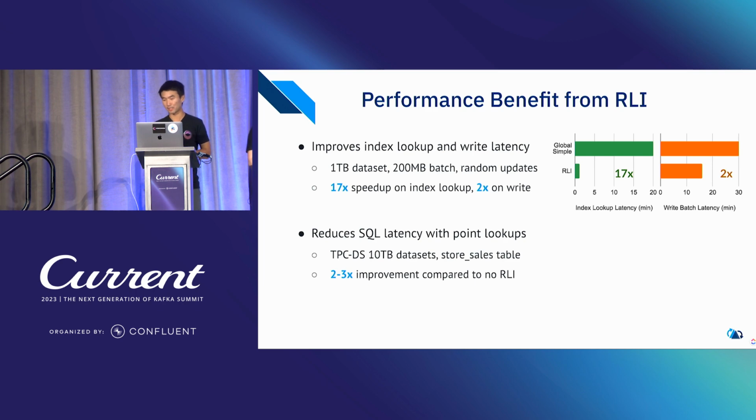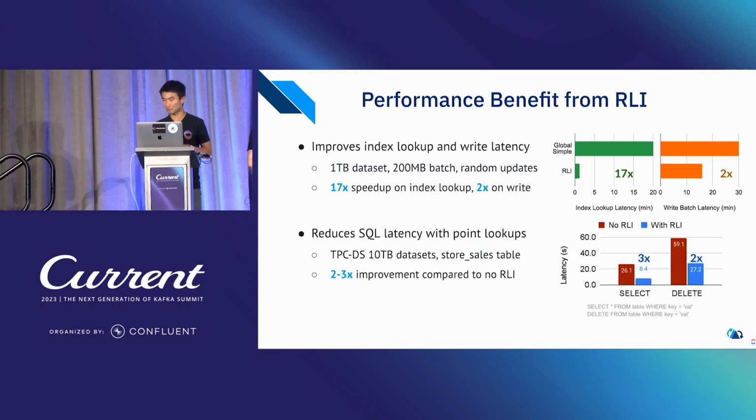By applying the record level index on the filtering, we see a 2 to 3x performance improvement compared to no RLI. This shows how the record level index can really unlock great SQL performance as well.